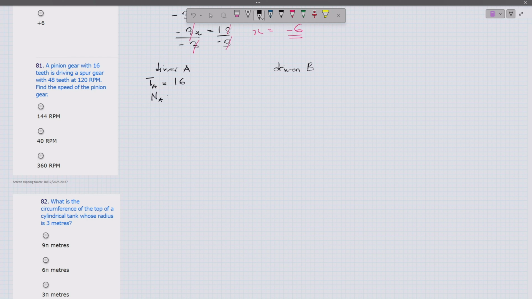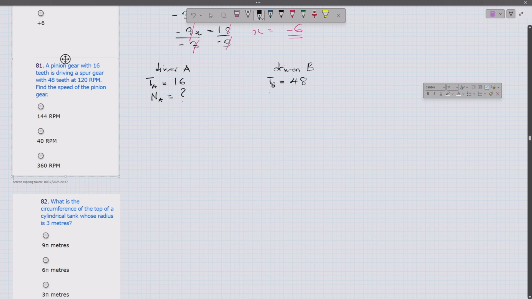Speed of A is not given. TB equals 48. The speed of the driven gear is 120 RPM.